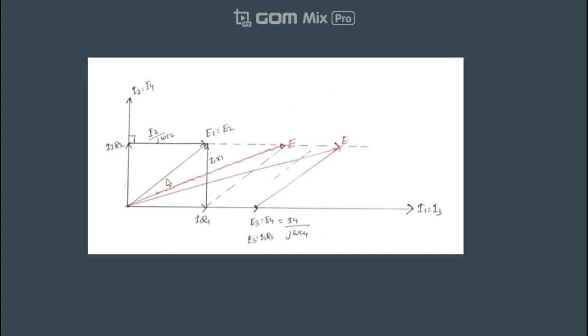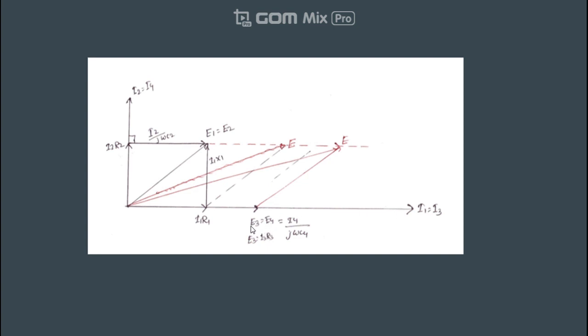And now moving forward to arm AD, we are taking I2 to be the reference phasor, and when the current flows through resistor R2, it is in phase, but when the current flows through the capacitor, the voltage lags the current by 90 degrees. So here we have this.